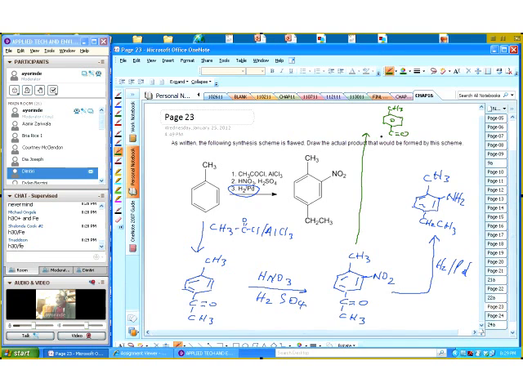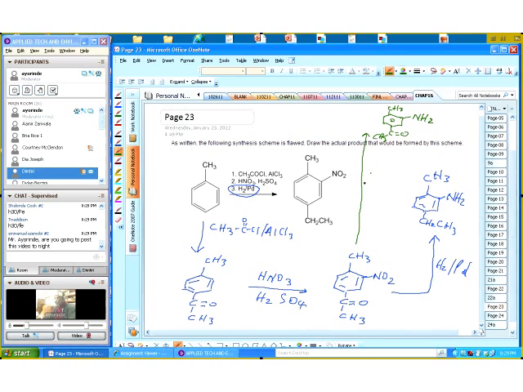I have this here, and then I have NH2 here. So what reagent do I need to use to go from here to here? Anybody has an idea?